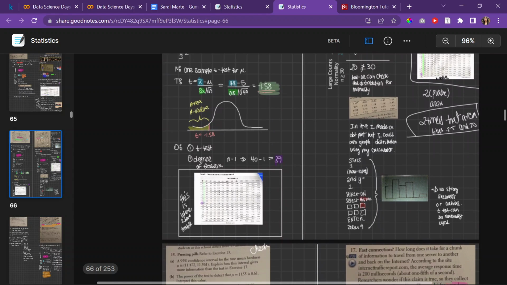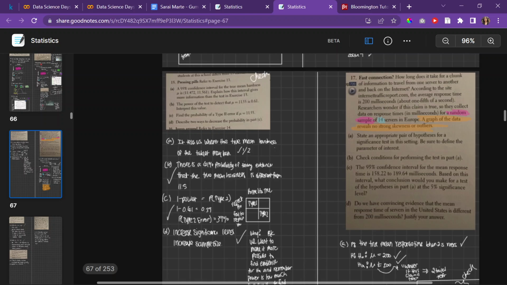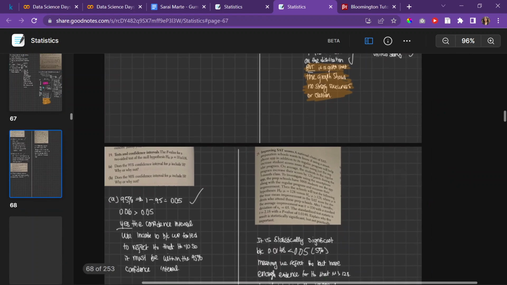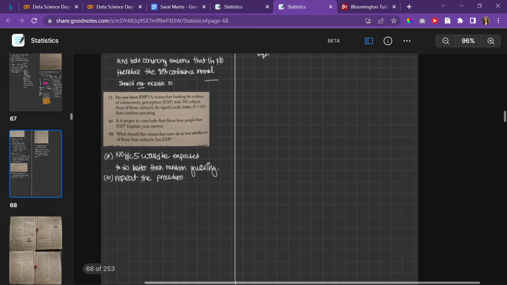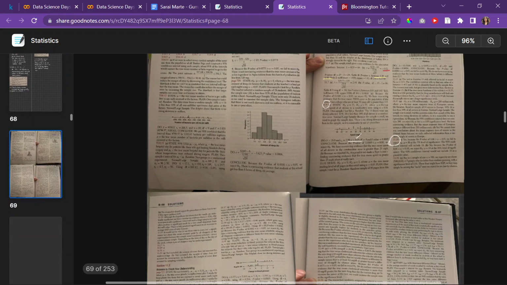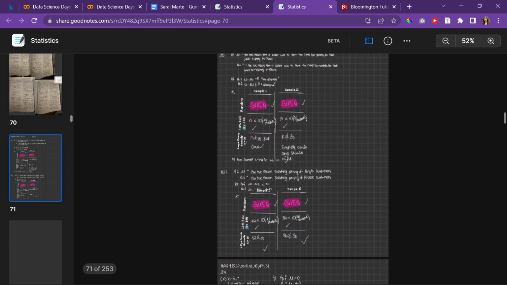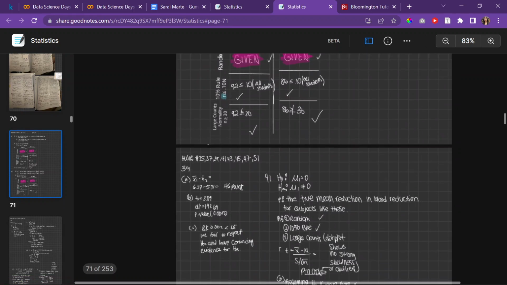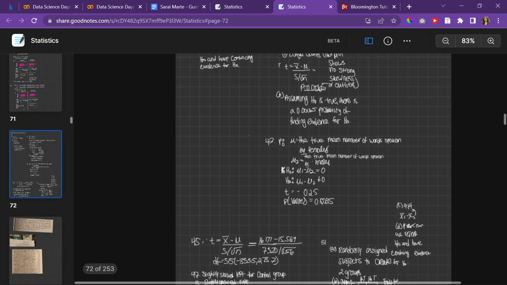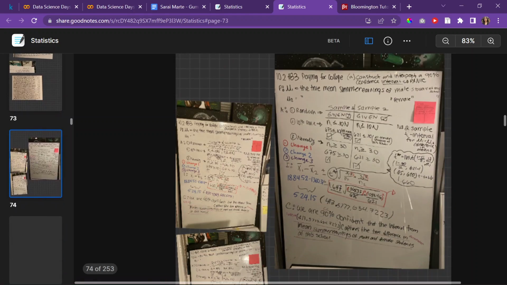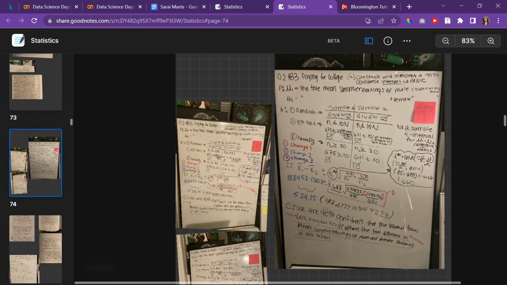Degrees of freedom. Don't mind me, just looking at my notes, trying to figure something out. What is this?